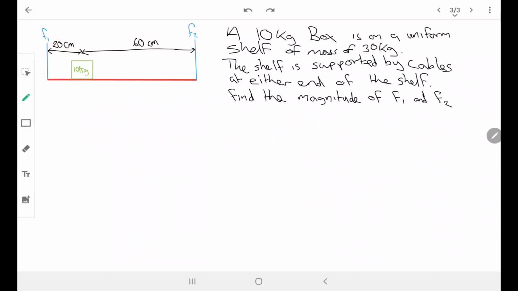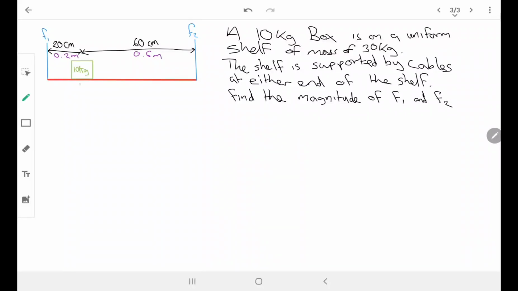Now the first thing we want to do is make sure our units are right. Here we have centimeters, but we don't like that in physics. We like meters. So 20 centimeters is 0.2 meters, and 60 centimeters is 0.6 meters.